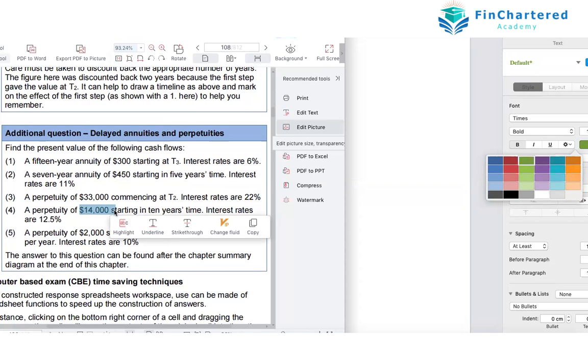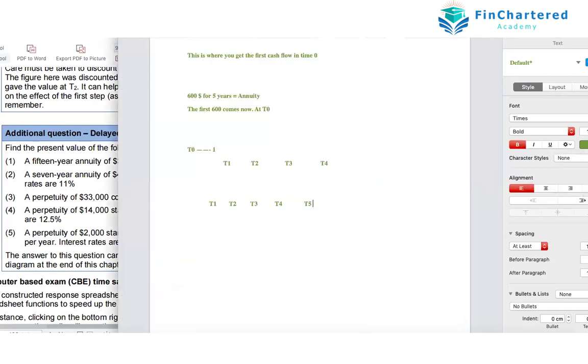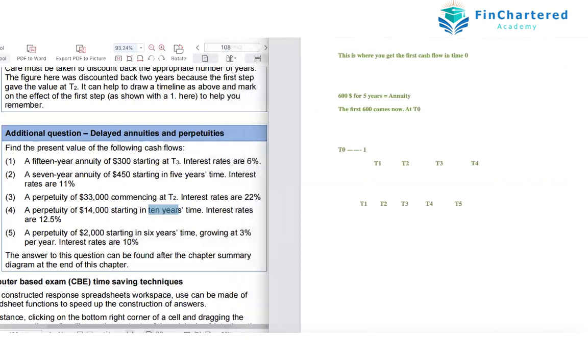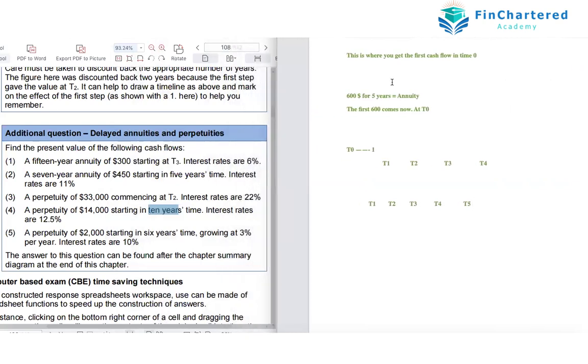So it's a delayed perpetuity because you're not getting it in T1, you're getting this perpetuity from T10. And the interest rate is 12.5. First and foremost, you need to understand the perpetuity factor is 1 divided by R. So let's know the perpetuity factor.